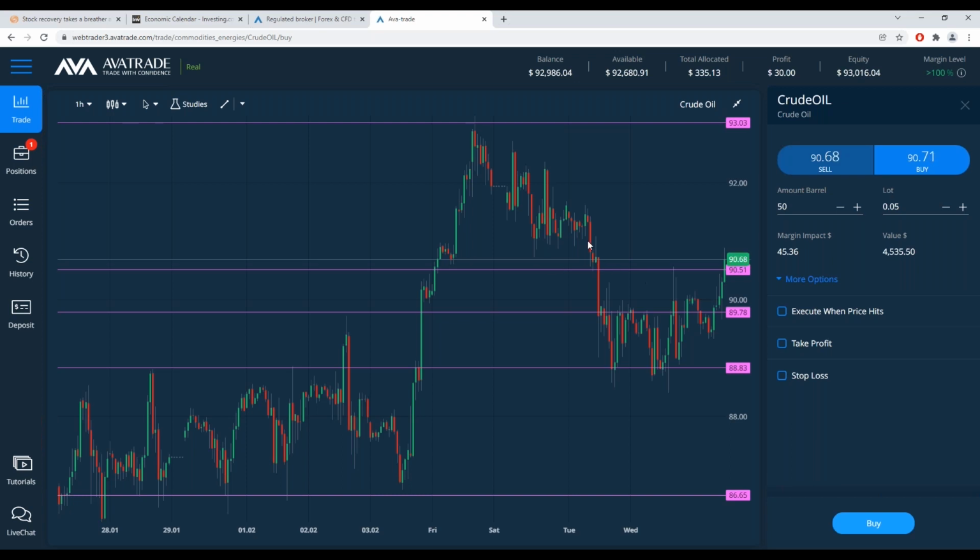So the pullback then that you see after the highs, this big pullback from the low 90s all the way down to the mid 80s, well, that's maybe in response to fear of increased interest rates coming, which then strengthened the US dollar specifically, and down comes crude oil against the USD. Now we see a recovery back up.